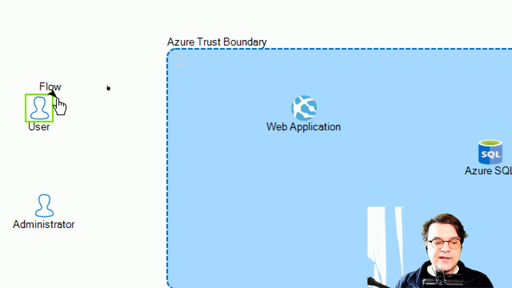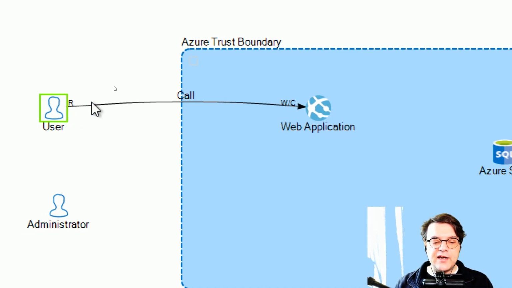So when I click and create the arrow like that, what happens is that the arrow is created. Threats Manager Studio checks if there is a flow already assigned, already existing in this direction from user to web application, and if so, it applies the information related to the existing flow.